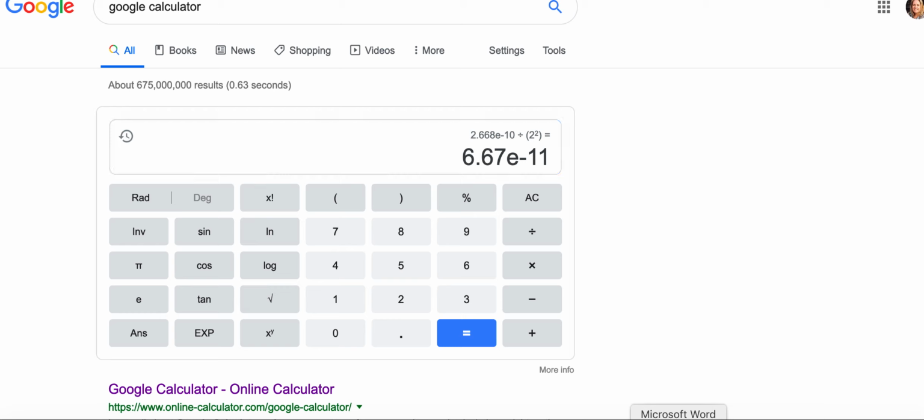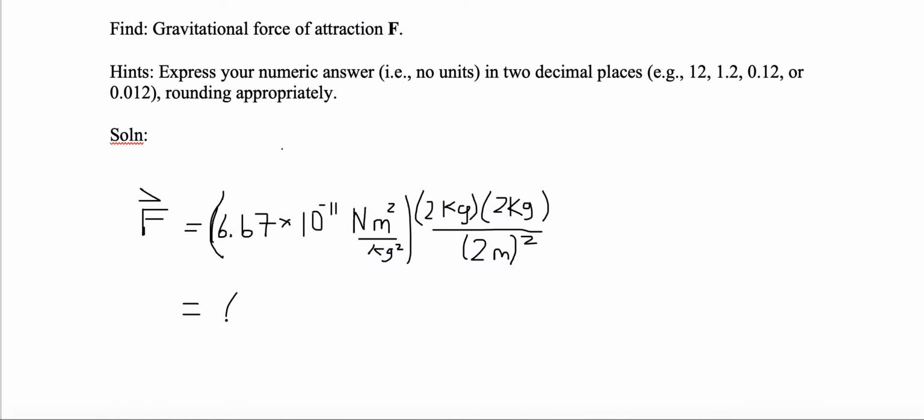So we need to go back to our paper and type that in. So we have 6.67 times 10 to the minus 11th. And now we need to multiply and divide out our units. So we have a meter squared, and this meter squared is a meter squared.